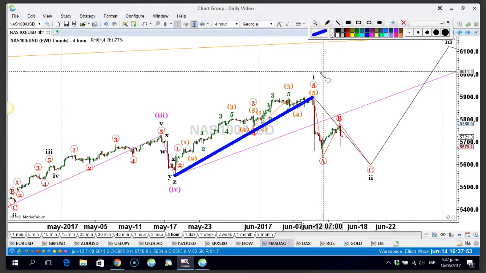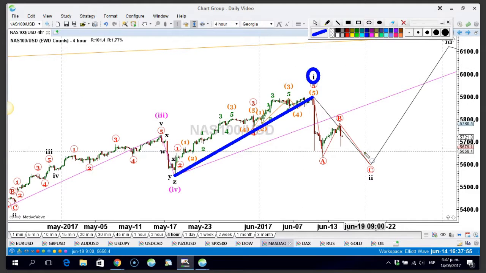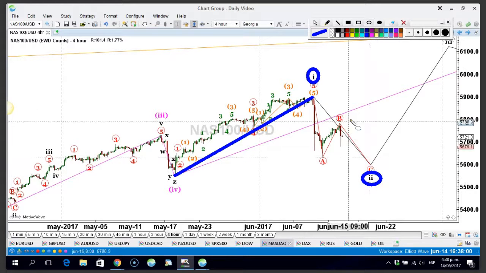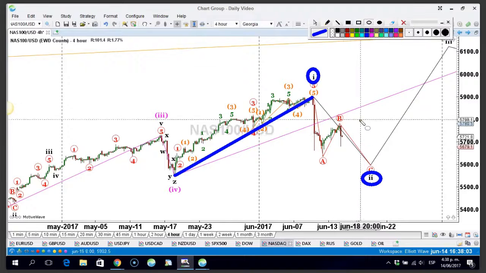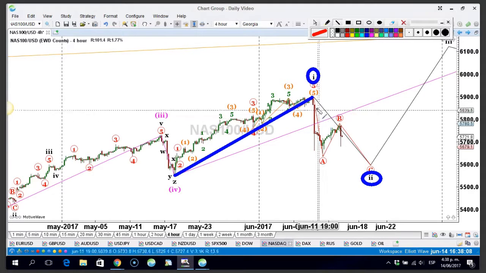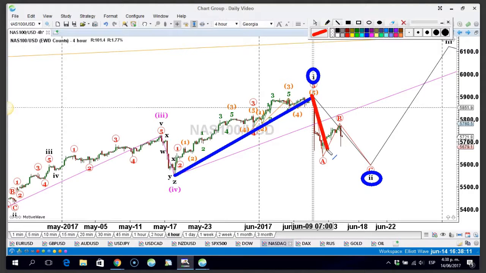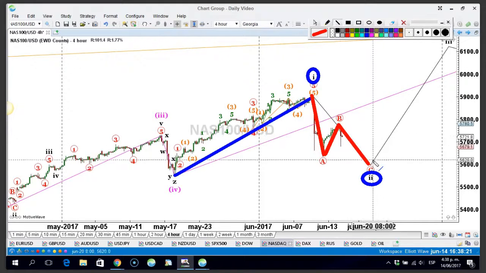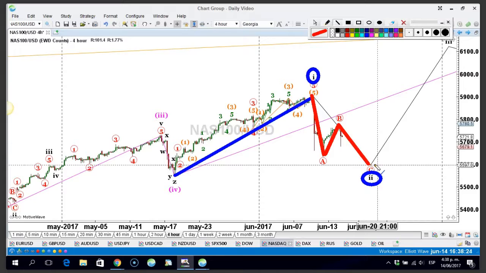I'm talking about the wave one black that I have here on top, and the active wave is the wave two black. As Jody was explaining, the corrective waves are always going to have a three-wave sequence or a combination. In this case, it's just a simple zigzag, A, B, and then the C down.